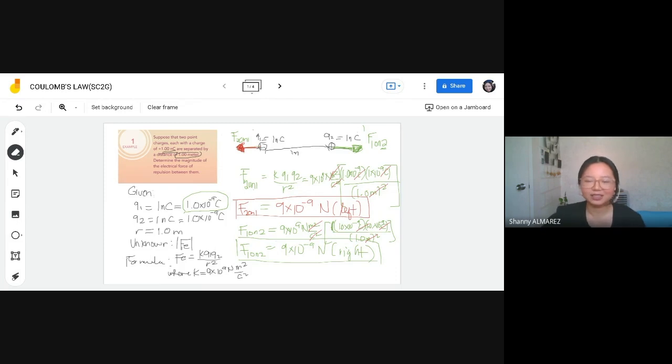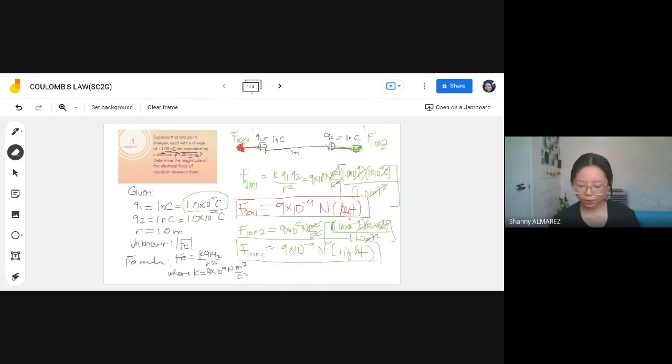Okay, equal. So, they're just equal forces. However, according to your classmate, they are equal but opposite in direction. Okay? So, that's our generalization. Ibig sabihin, the force experienced by charge 1 from charge 2 is just the same in magnitude with the force experienced by charge 2 on charge 1. It's just that they are towards the opposite direction. Okay? So let's now move to the question.